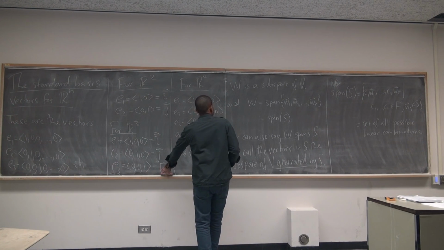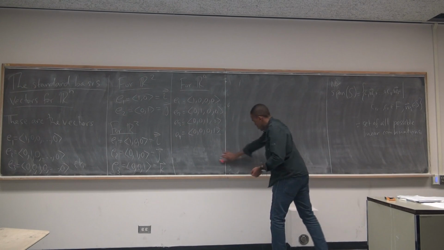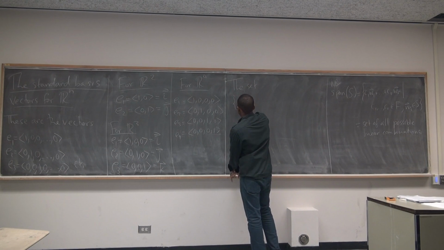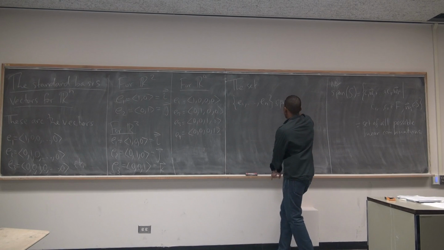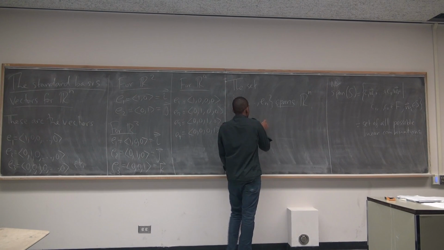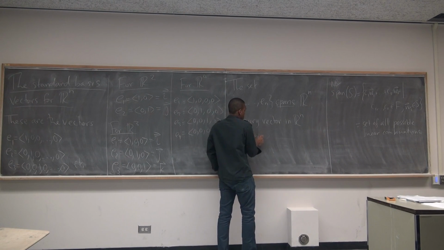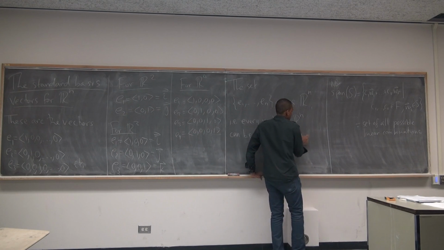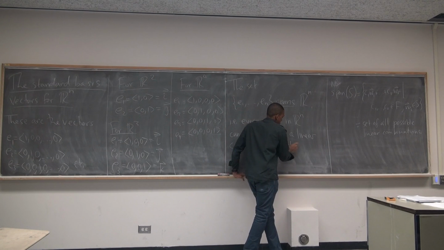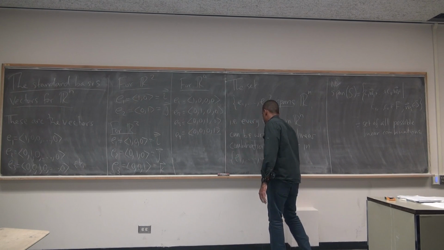The set e1 all the way up to en spans Rn, i.e. every vector in Rn can be written as a linear combination of vectors in the set e1 all the way up to en.